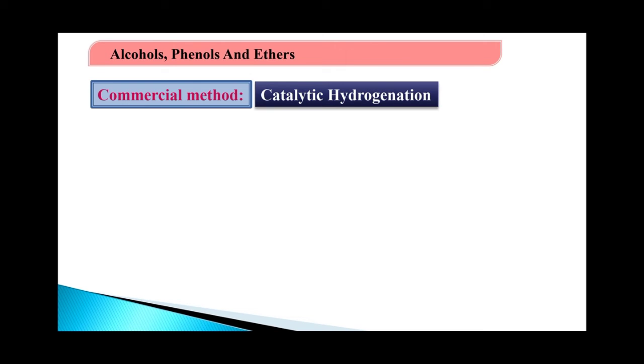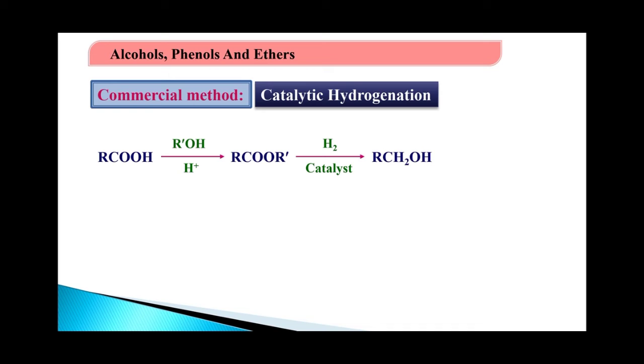Second commercial method will be conversion of carboxylic acid into ester. When carboxylic acids are reacted with alcohol in presence of proton catalyst, that is H plus acid catalyst, we are going to get the esters, which on catalytic hydrogenation, H2 catalyst, we are going to get the alcohols.